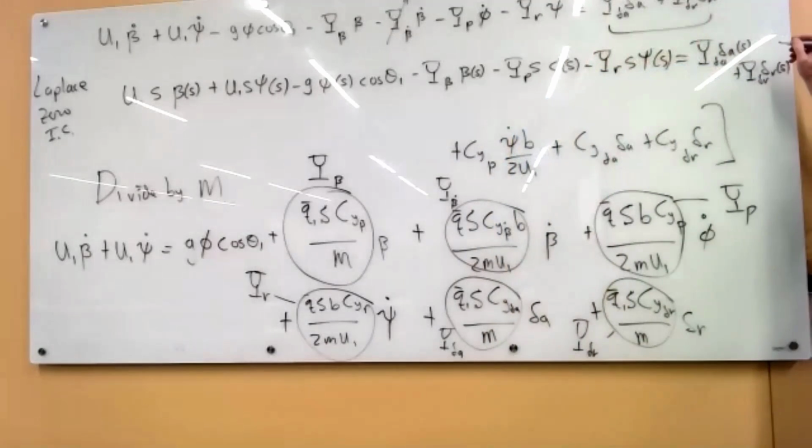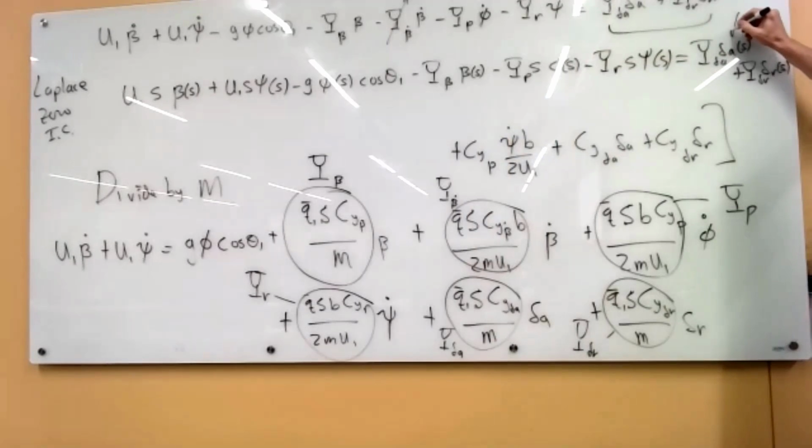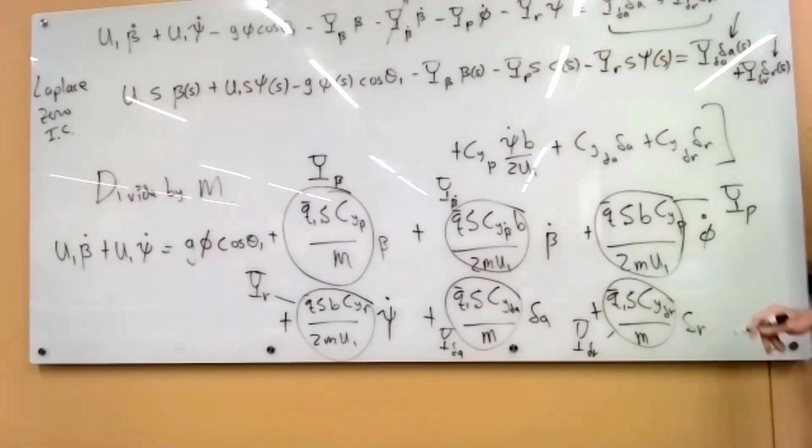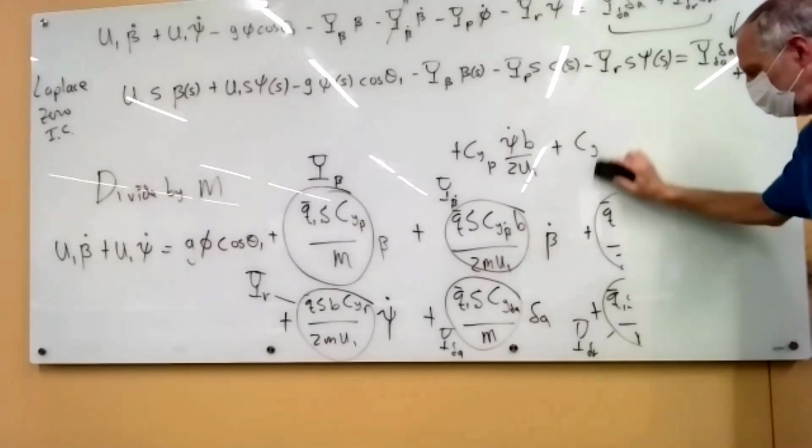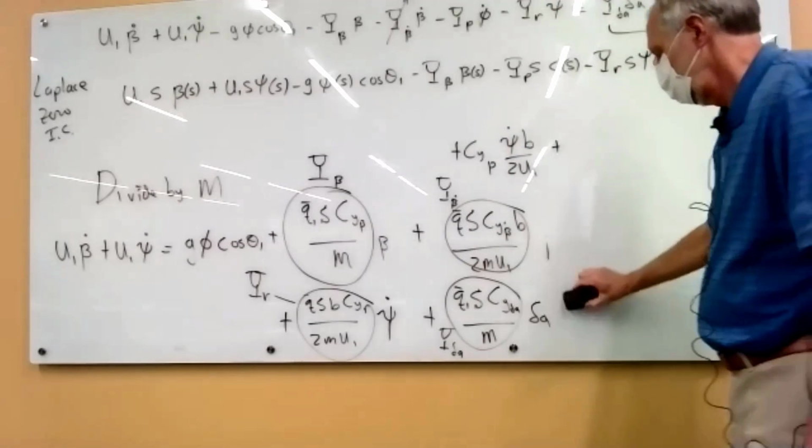And notice we've included the option of having aileron input, rudder input, or both. In the formulas that he went from this point on, he says, well, you have to choose one or the other. And I'm just going to call it delta.